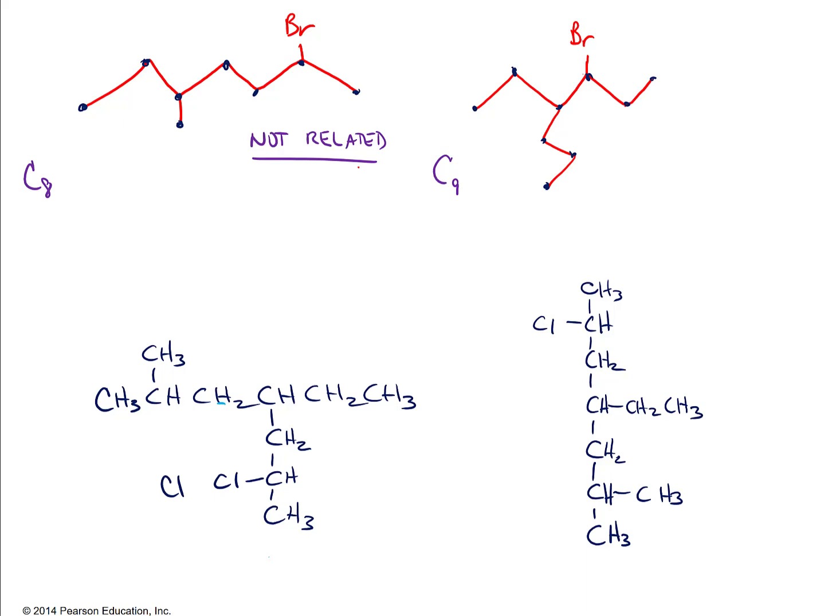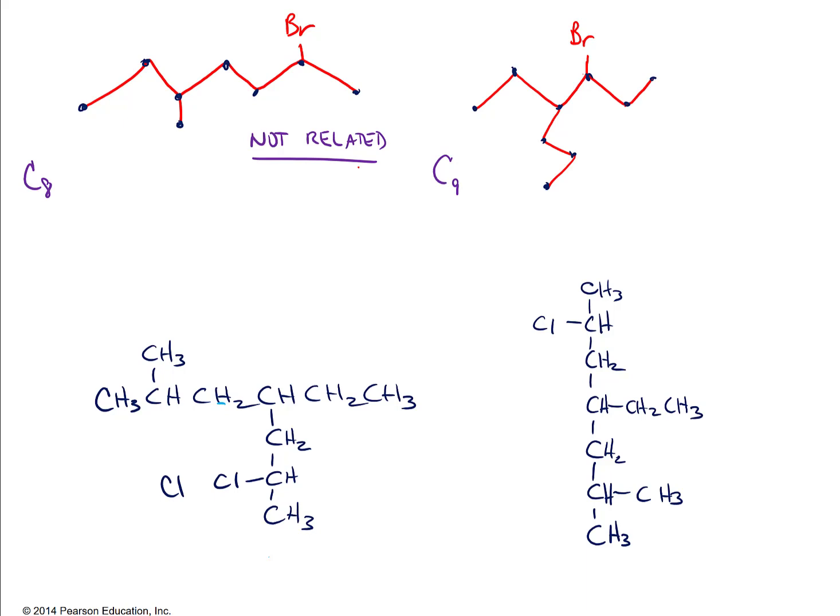One has 8 carbons, one has 9 carbons. They have no isomer connection. They have to have the same number of carbons. That one has bromine, so they would both have to have 1 bromine each too. If one had a bromine and one didn't, then they would be not related and you just move on.